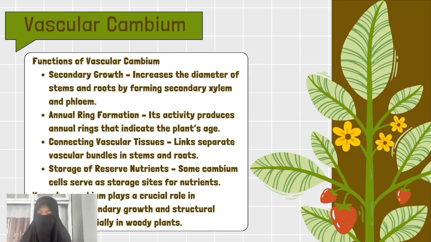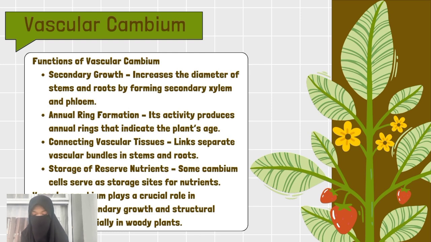And the functions of vascular cambium: first is secondary growth, increasing the diameter of stems and roots by forming secondary xylem and phloem. Second is annual ring formation. Its activity produces annual rings that indicate the plant's age.